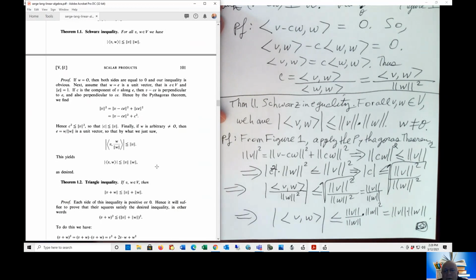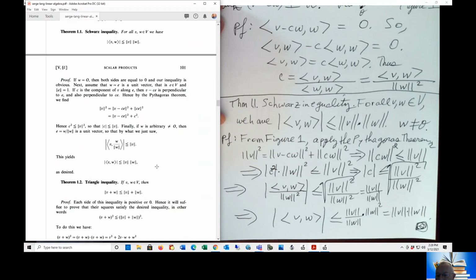So we have that the norm of V squared is equal to the norm squared of V minus CW plus the norm of CW squared. Now, this means that the norm of CW squared is actually less than or equal to the square of the norm of V if we take out the V minus CW term.